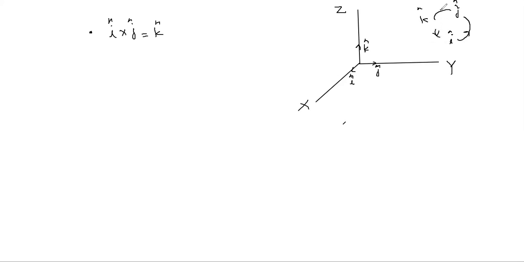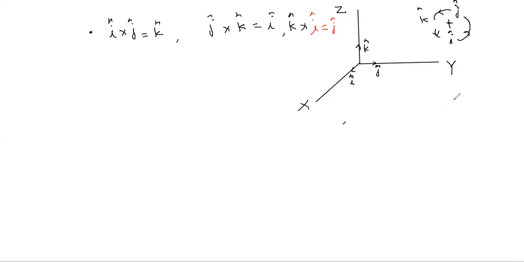When we are moving in the anti-clockwise direction, this will be plus, meaning I cross j will be k, and j cross k will be I, and k cross I will be equal to j.